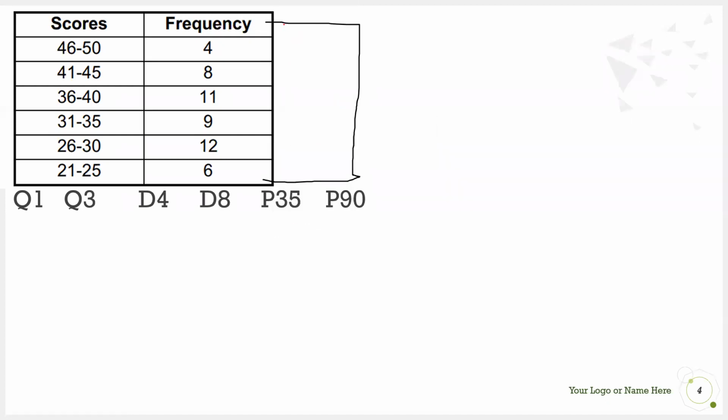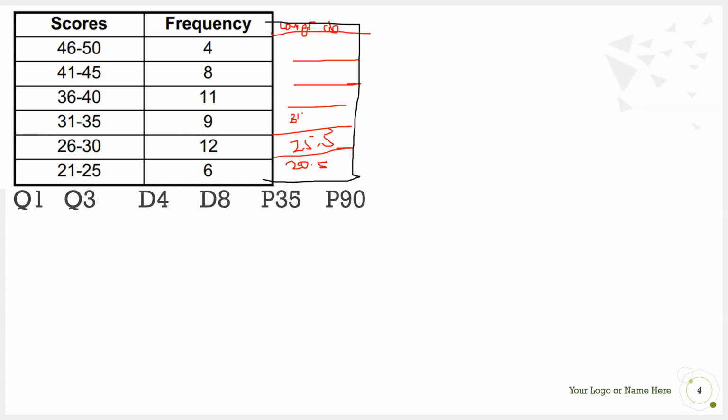Ang una natin hahanapin ay si class boundary. Lower CB. Okay? Tandaan, para lower CB. So, ma-minusan lang natin ng 0.5 mga ito. So this is 20.5. Laging po ganun lang. Minus lang tayo ng 0.5.